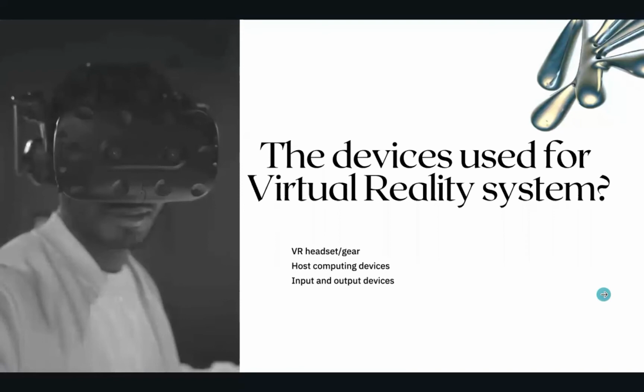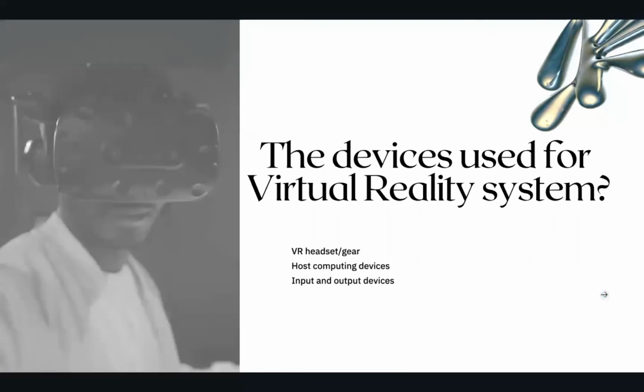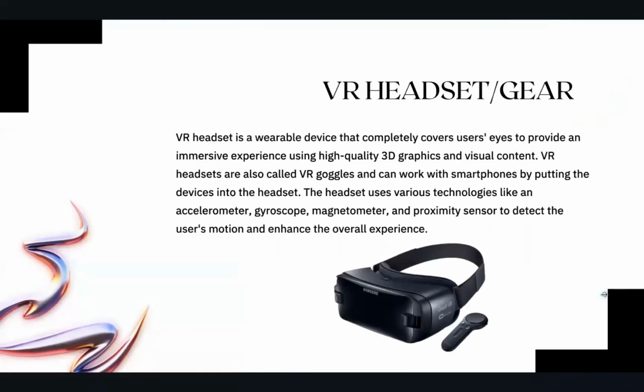The devices used for a virtual reality system. VR headset or gear. A VR headset is a wearable device that completely covers the user's eyes to provide an immersive experience using high-quality 3D graphics and visual content.